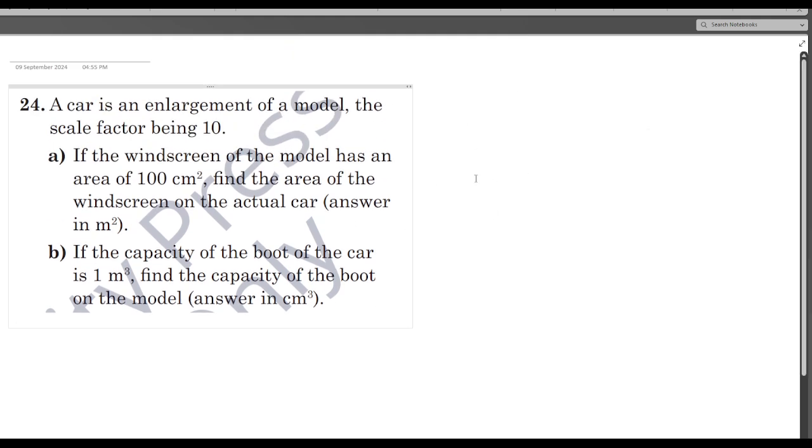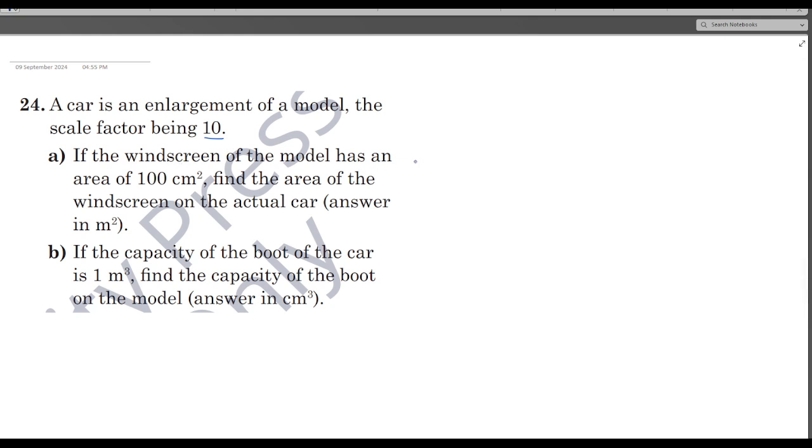Now question number 24. A car is an enlargement of the model, the scale factor being 10. If the windscreen of the model has an area of 100, find the area of the windscreen of the actual car. So your area of car divided by area of model will be, as the scale factor is given 10, so it is 10 divided by 1 the whole square.